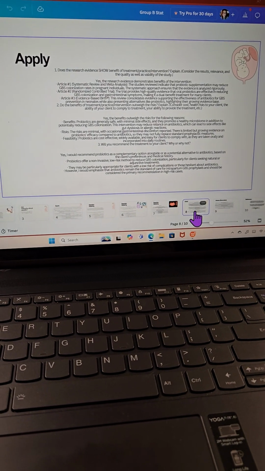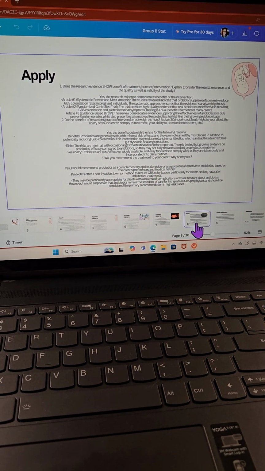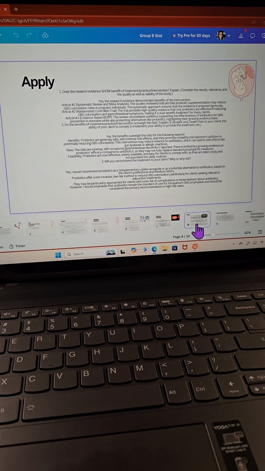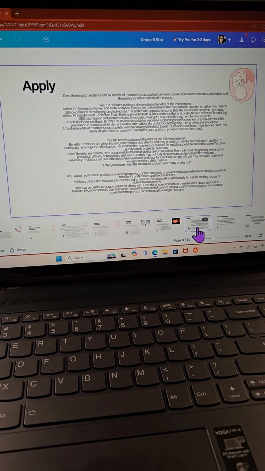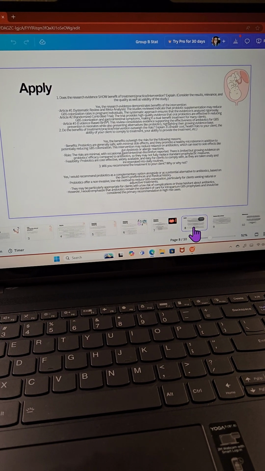So the research does absolutely show a benefit. It demonstrated the benefits of intervention with probiotics rather than antibiotics in the first article.